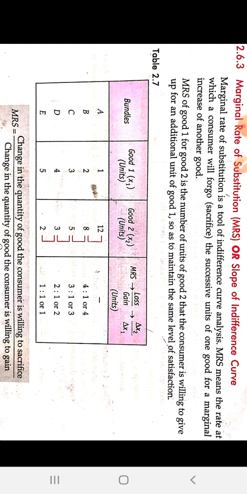MRS of good 1 for good 2 is the number of units of good 2 that the consumer is willing to give up for an additional unit of good 1, so that he can consume some units of good 1 while maintaining the same level of satisfaction.